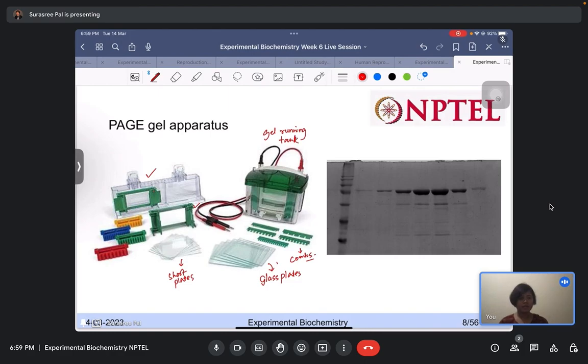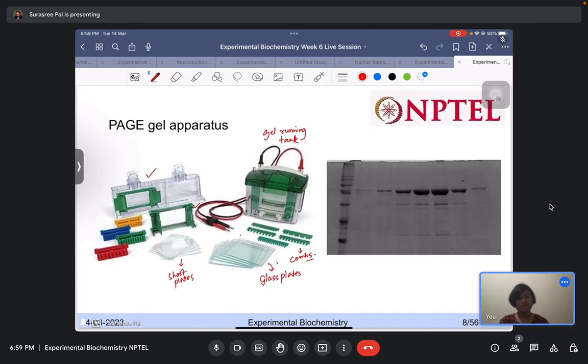This is the gel running tank. We take a gel clamp and place this gel inside the gel clamp, and we put it inside this gel cassette. We place this gel cassette in this whole system in the gel running tank, and we pour our TGS buffer or running buffer.